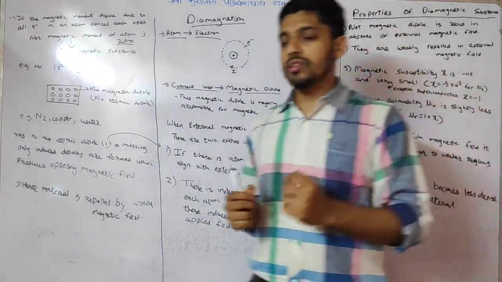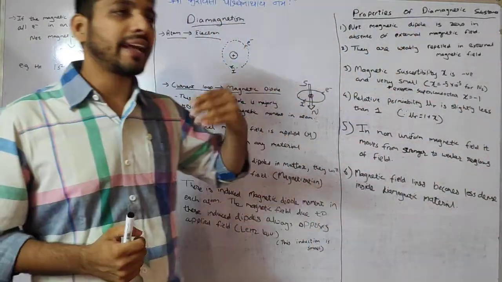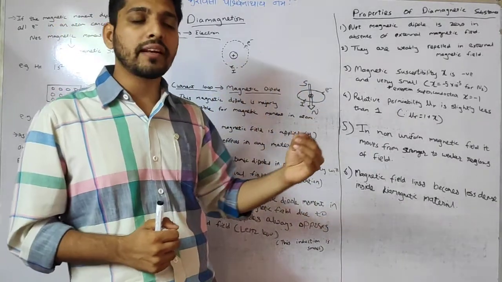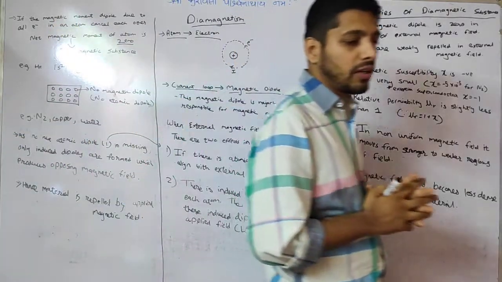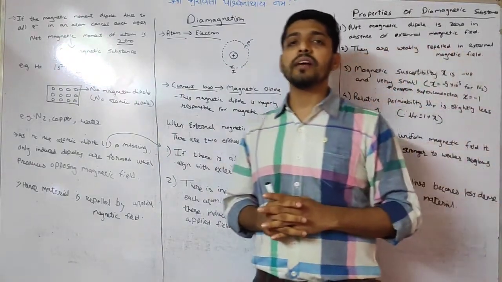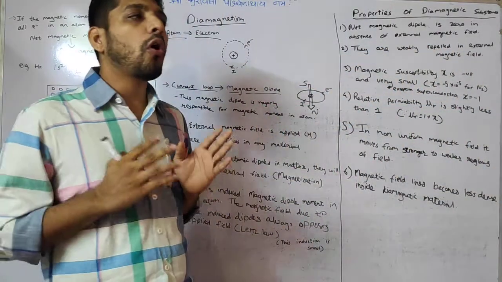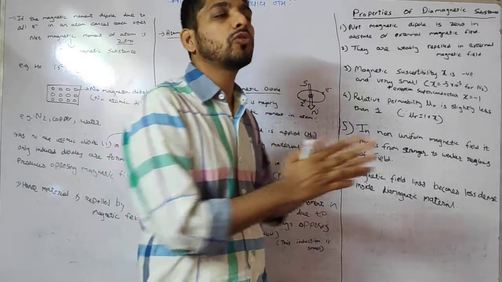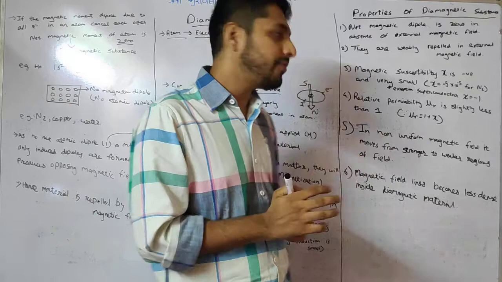Now, if this atom is kept in any external magnetic field, then there will be two phenomena. One phenomenon is that it will try to align all the small magnetic dipoles in its own direction, that is of the external field.